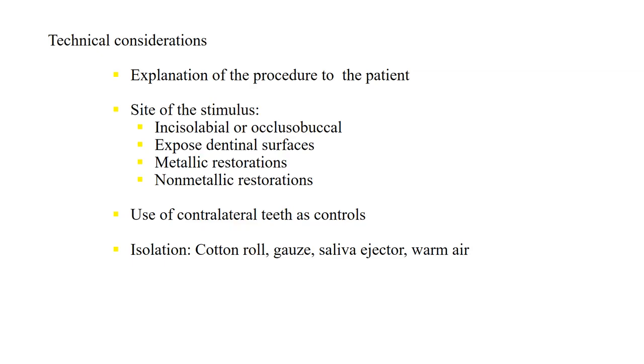So you must isolate the tooth first so that there is no chance of your heated instrument or cold instrument touching the soft tissues, and the test is always performed on the contralateral teeth first, and then you go over to the tooth which is to be assessed.